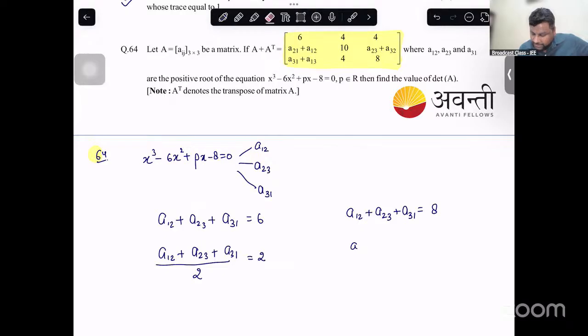Sorry, I made a mistake. This is multiplication: A12 into A23 into A31. This is 8. So, A12 into A23 into A31 raised to the power 1 by 3 is also going to be 2. Did somebody get a hint?